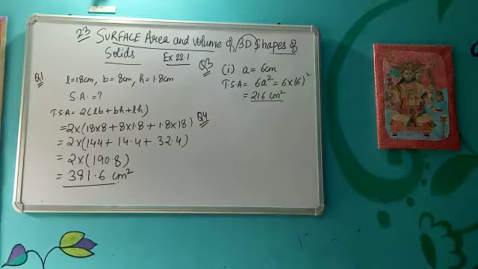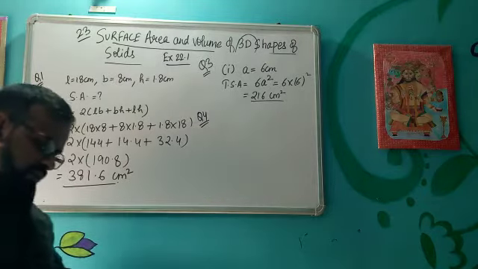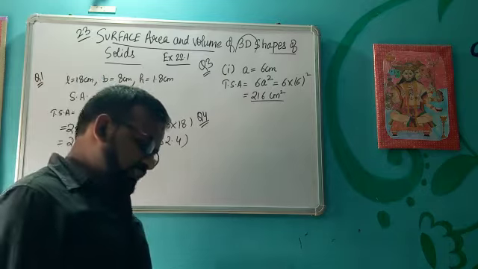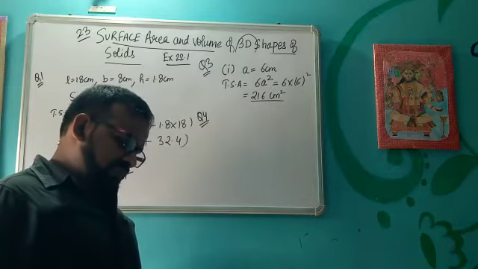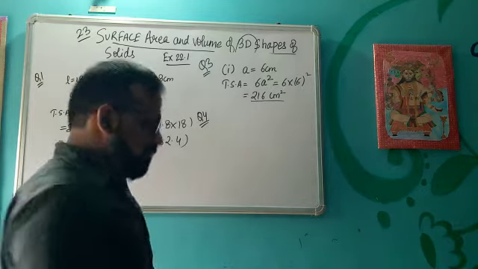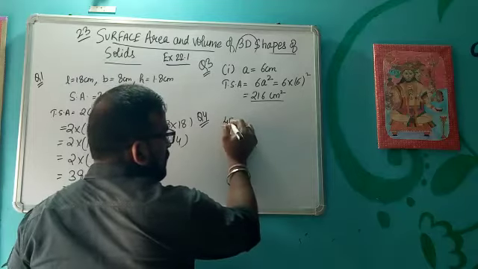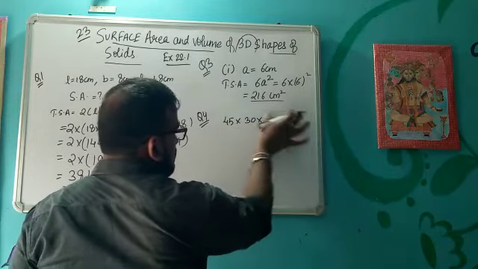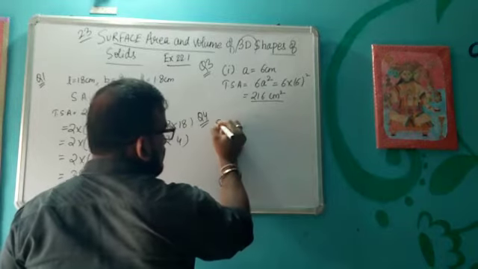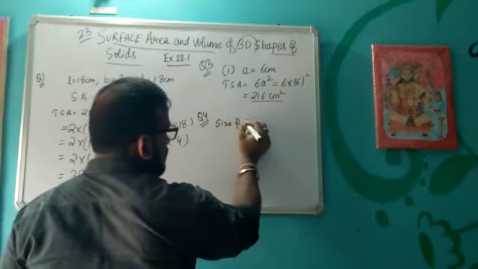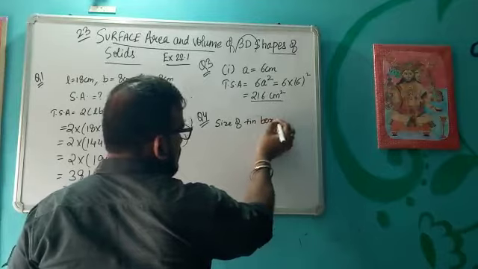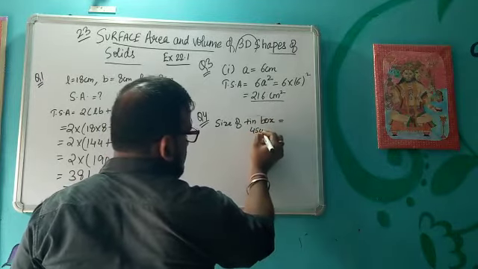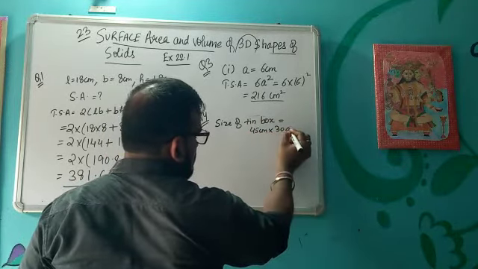Now in case of question number 4, tin boxes of size 45 centimeter into 30 centimeter into 30 centimeter.